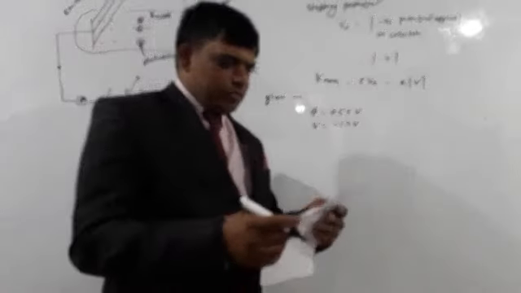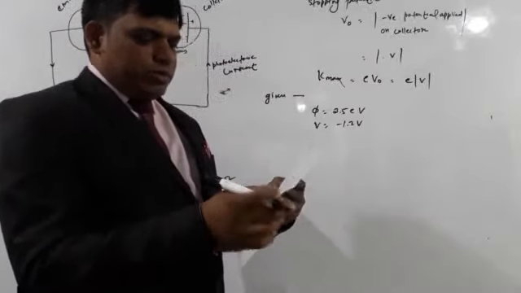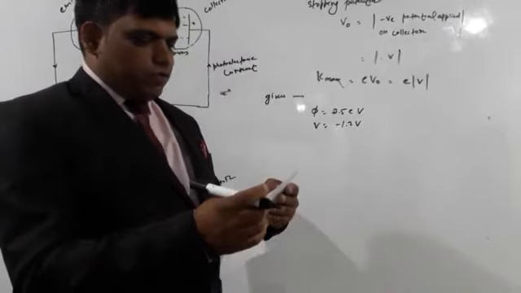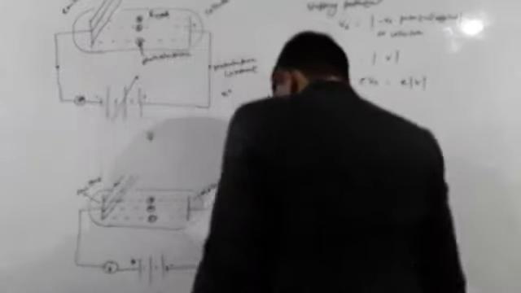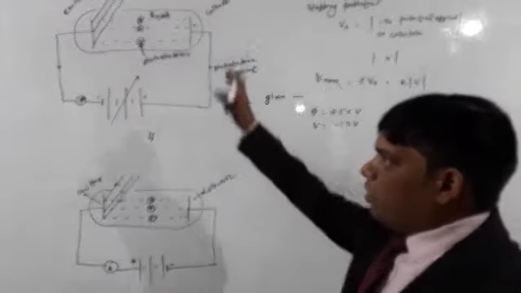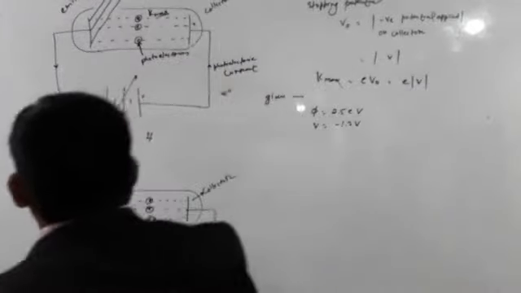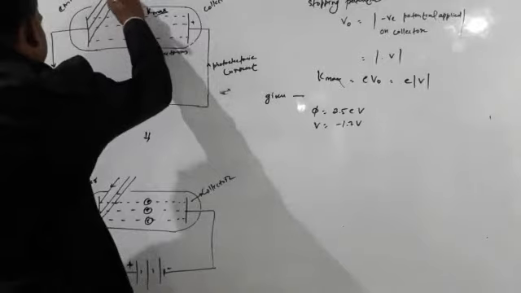Now we will check option A. The energy of the incident photon is 4.7 electron volt. Here, as we have already discussed, these are the incident radiation.